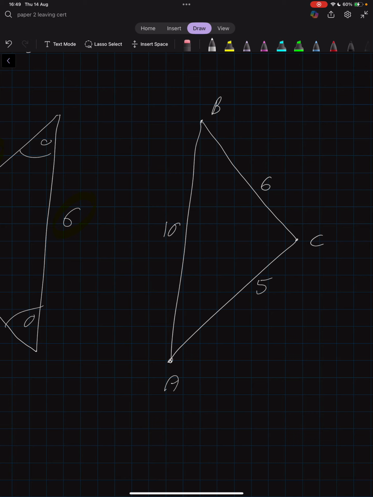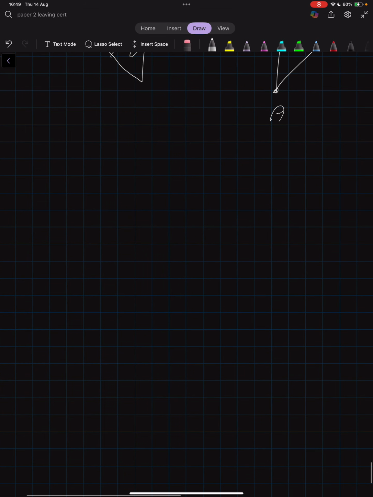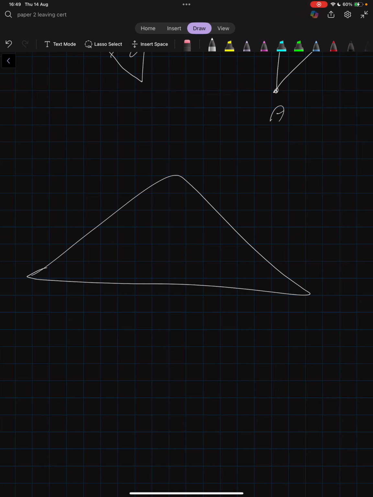But it has to be bigger than this side. So if you have any triangle, like this, let's say A is your longest side and B and C are your shorter sides, then B plus C has to be greater than A. Okay, this is officially called the triangle inequality, but yeah, that's kind of it.